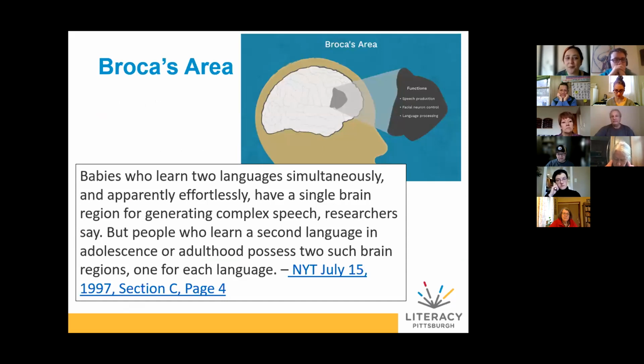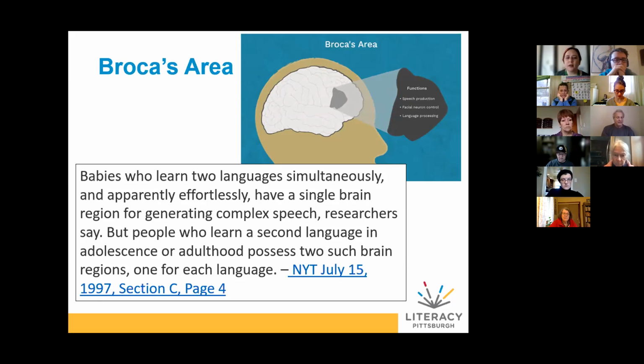Broca's area is an area in our brain that's responsible for speech production and language processing. And there's been a lot of research about this area of the brain. And I found it interesting that babies that learn 2 languages at the same time and apparently effortlessly, those 2 languages are both in the same section of Broca's area. So all the sounds of both languages are together in one area.